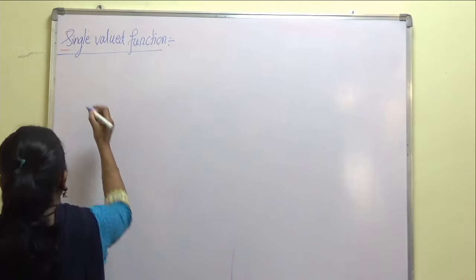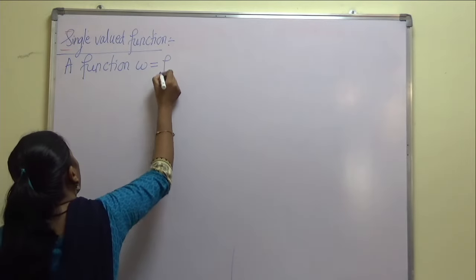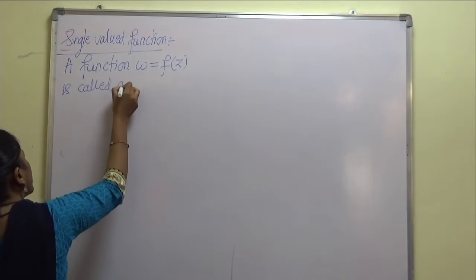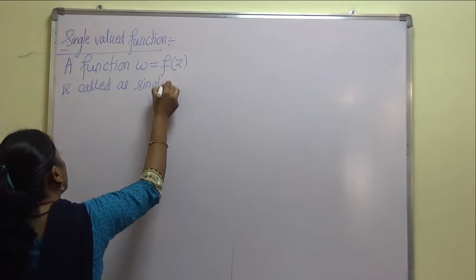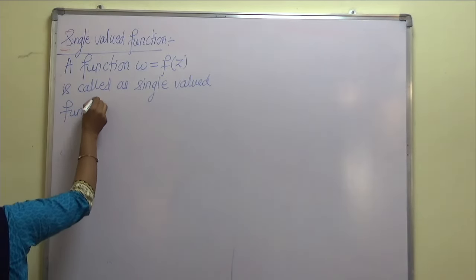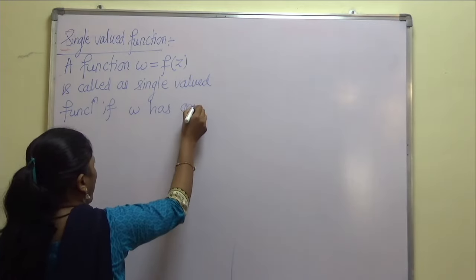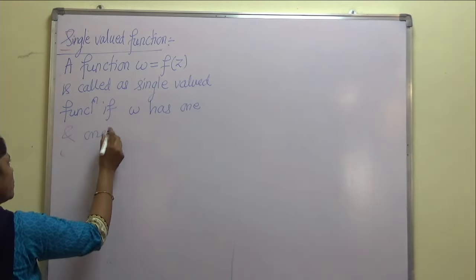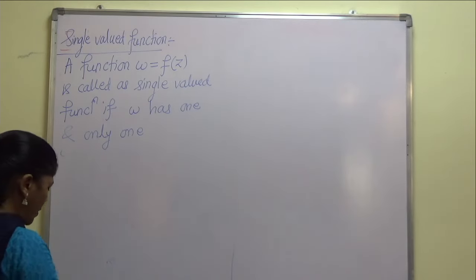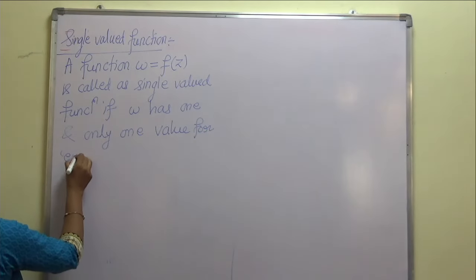So let us see the definition. A function omega equal to f of z is called a single-valued function if omega has one and only one value for every value of z.